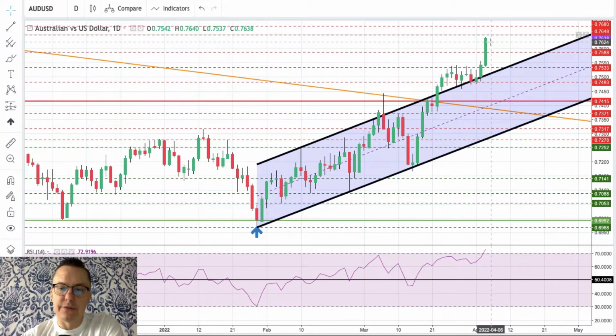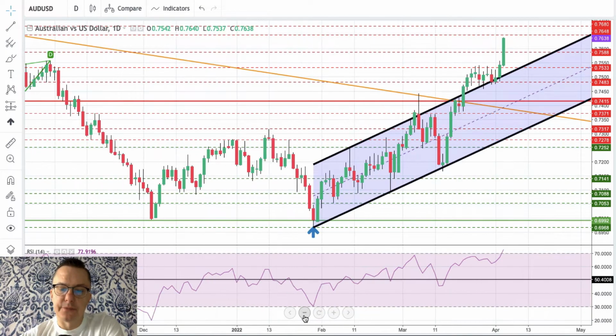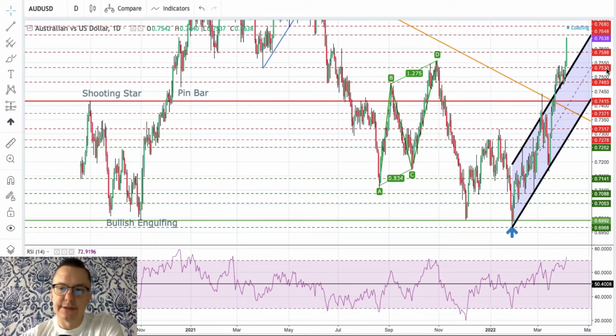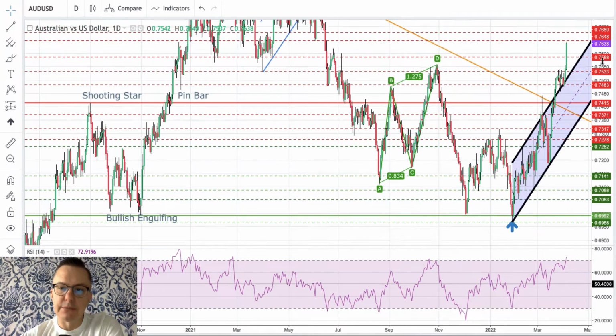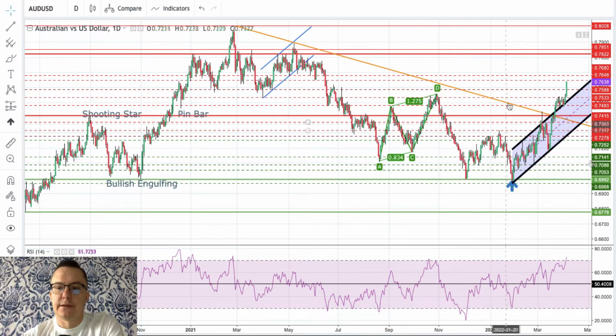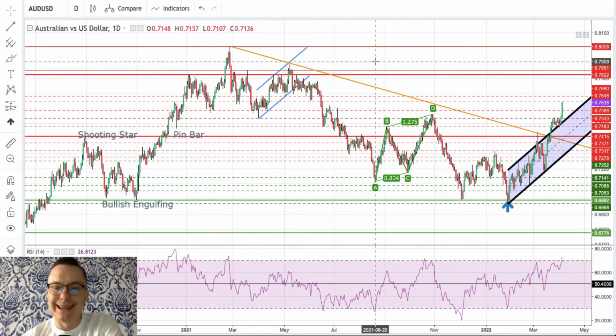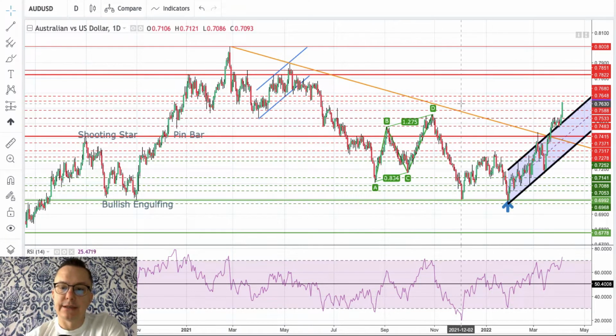We are out of the channel. We are getting away from the channel, and let me just zoom out so you can see this. The market is as well getting away from the key technical resistance and getting away from the long-term trend line. The next ultimate target for bulls is located at the level of 0.7822.